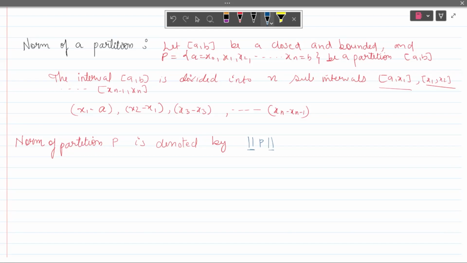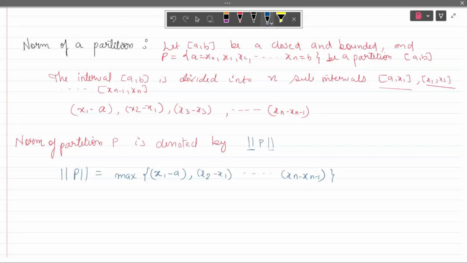How can we write it? The norm of the partition P is equal to the biggest length from all these intervals, that is, the maximum of all of these. This is called our norm.